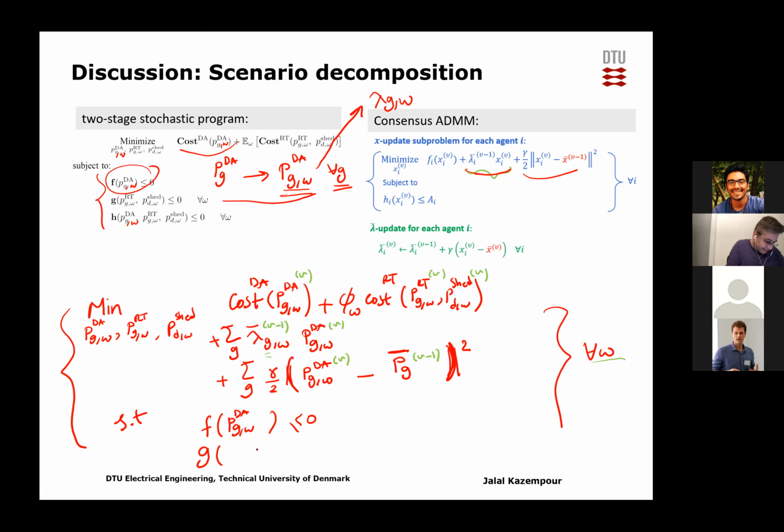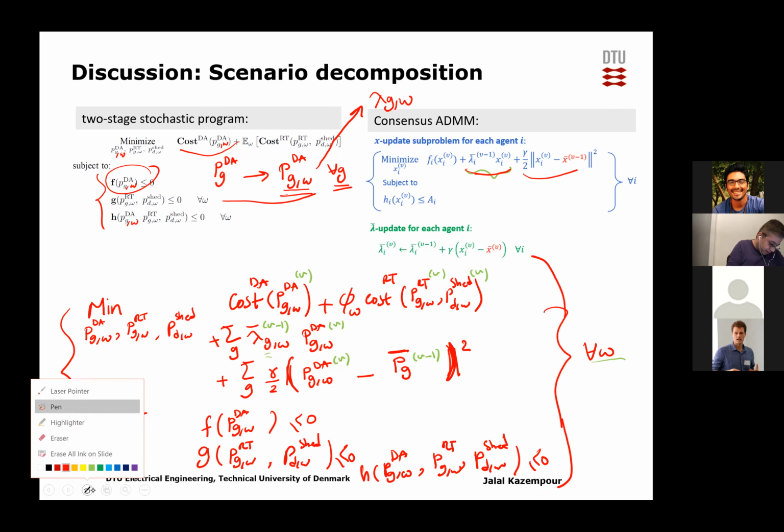G of, exactly the same, PG omega real time and PD omega shed is lower than or equal to 0. And the last constraint, H of PG day ahead omega, PG omega real time, and PD omega shed is lower than or equal to 0. All of them for subproblem omega, and I need iteration new for all of them.